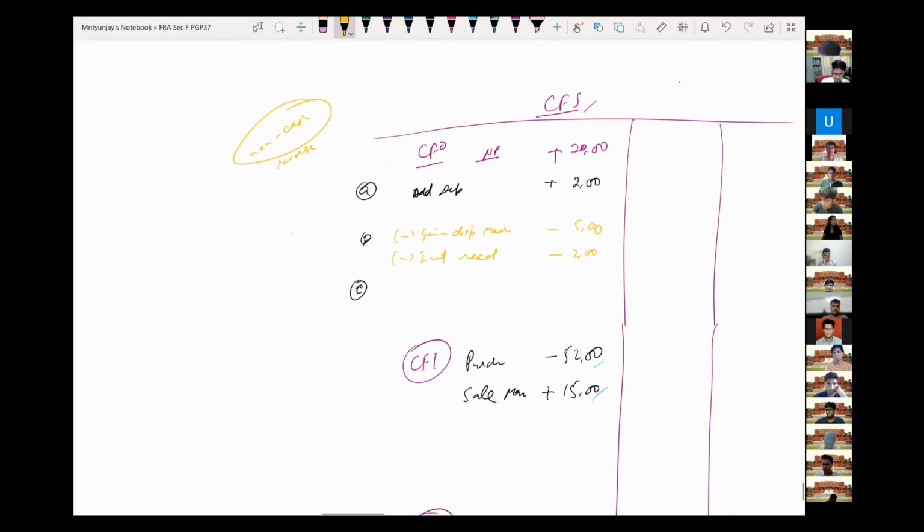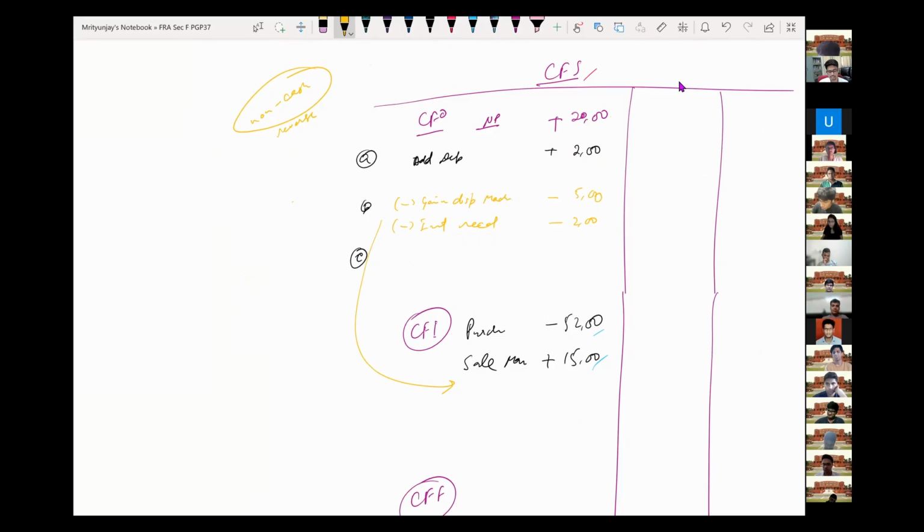And then don't forget to bring it here. This one I need to write because I have not already written it. The sale number I had already written, in which this gain was already present, that is why I didn't write it again. But I have not done anything so far for interest received. So let us write it again: interest received, positive 2 lakh rupees. Now why positive? Because you are getting cash.